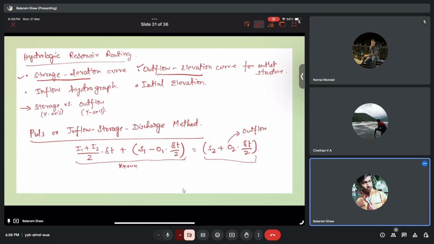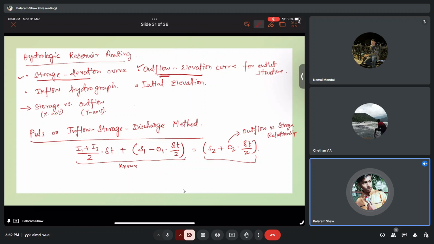So we need the outflow versus storage relationship for this. We have seen that in the beginning also: we have the outflow elevation curve and the storage elevation curve, from that we get the storage versus outflow curve, and that is what we will use here to get to this O2.